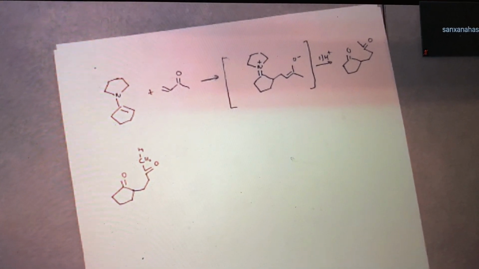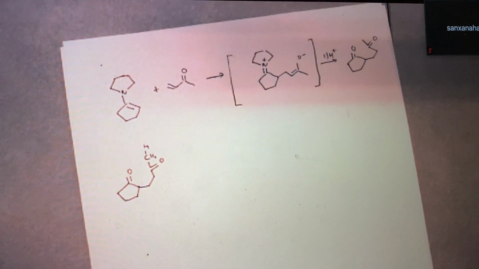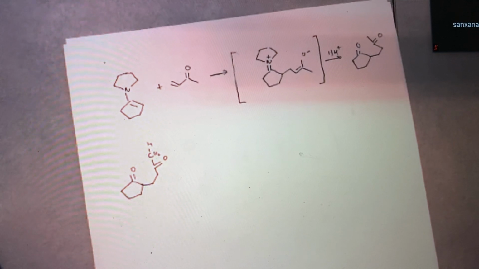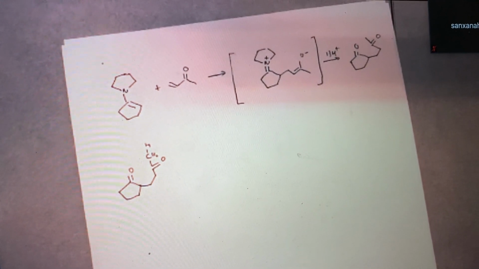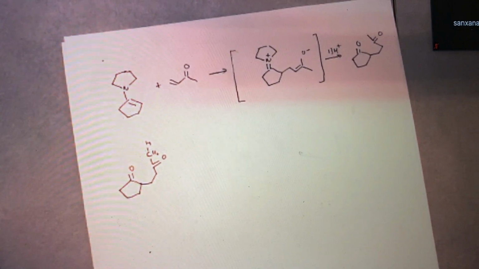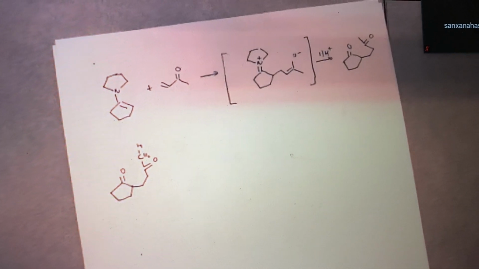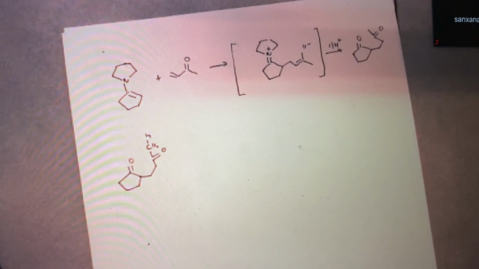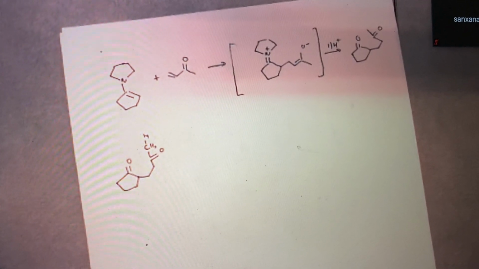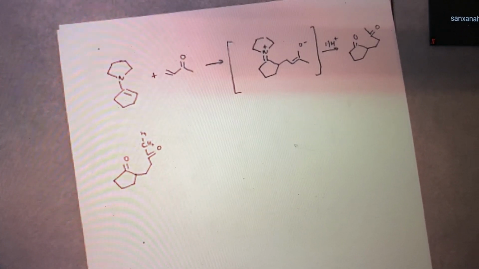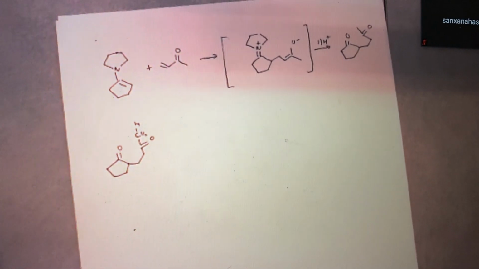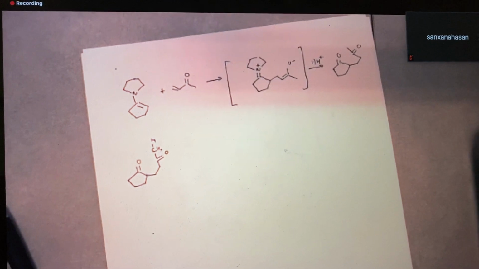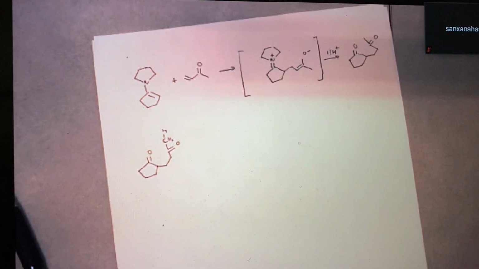And then I want you guys to look at this product. And I want you to start speculating something about this product. What I tried to teach you guys yesterday, this is basically an aldol product that has lost water. Okay, so it's an aldol condensation product. And again, what I want you guys to think about with this is that the carbonyl is retained here, but recognize that at this alpha position, this carbon here is my nucleophile always.